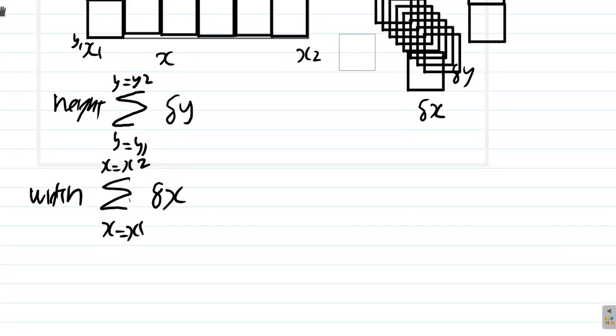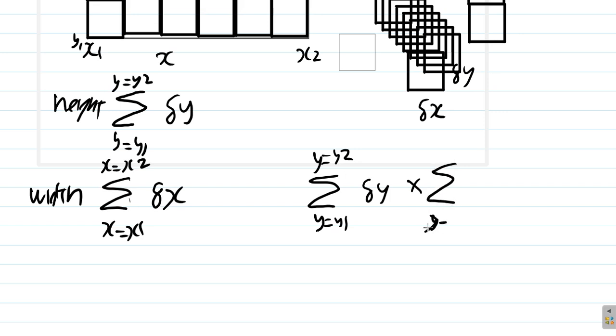Now the total area of the rectangle is going to be the sum from y equals y1 to y equals y2 of delta y multiplied by the sum from x equals x1 to x equals x2 of delta x.